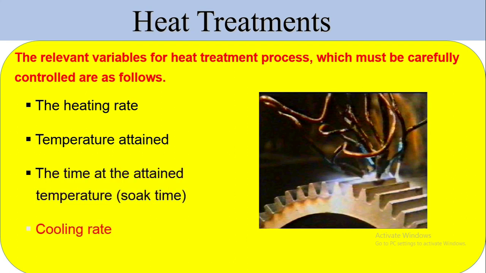And also the cooling rate. These four things are very important when you are doing the PWHT: heating rate, temperature attained, soaking time, and cooling rate. These four things are very important to control the heat treatment process.